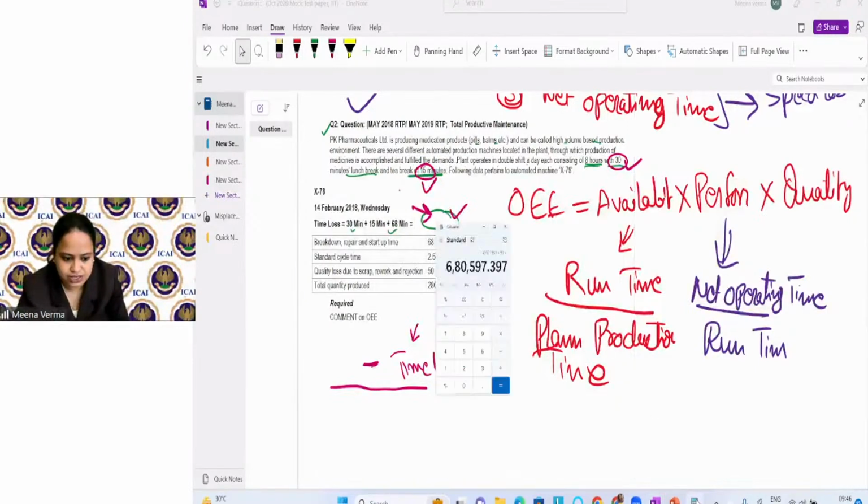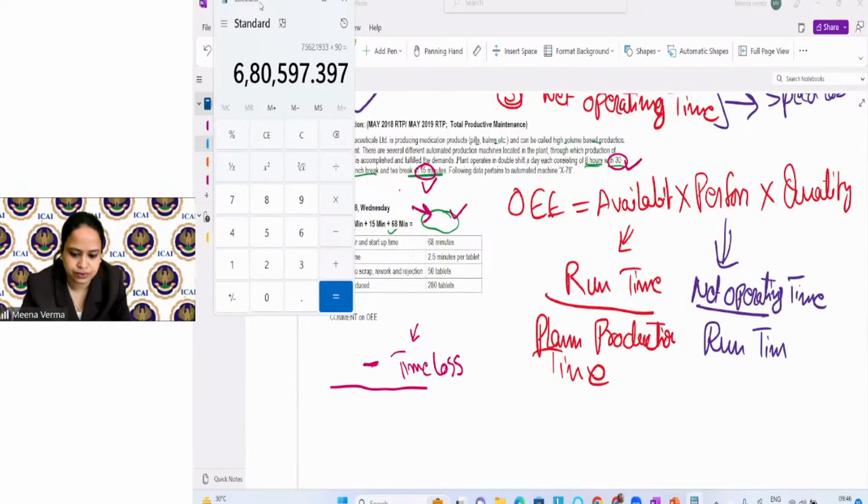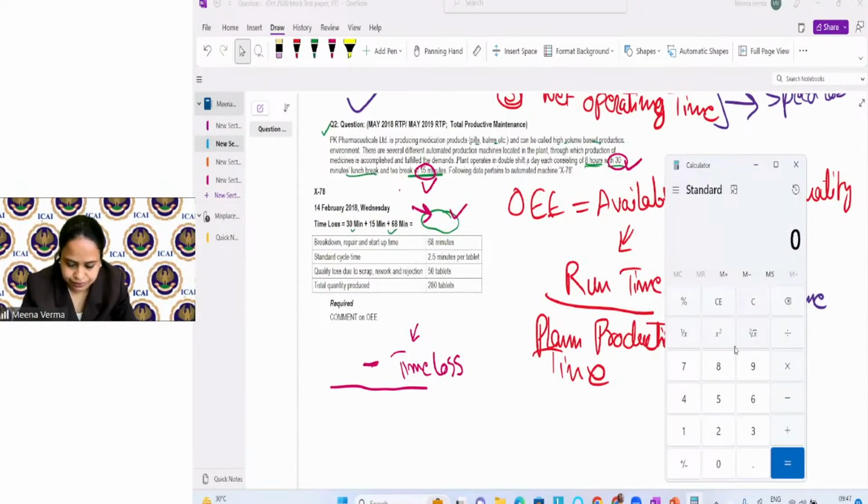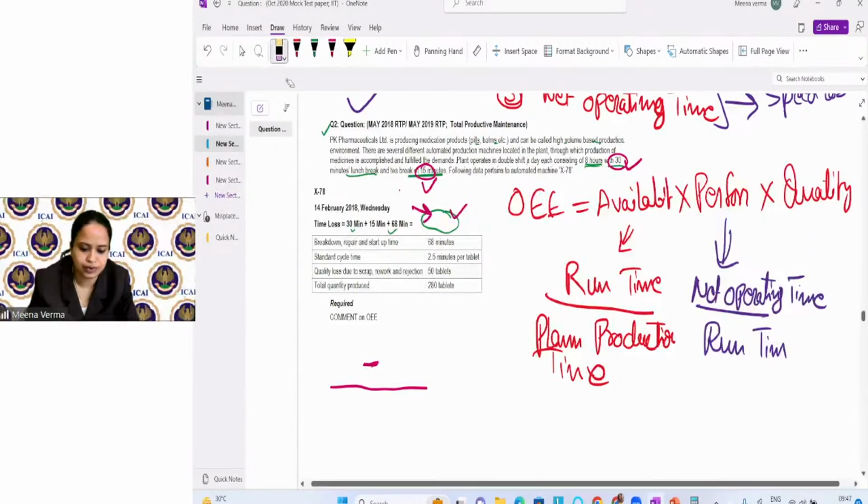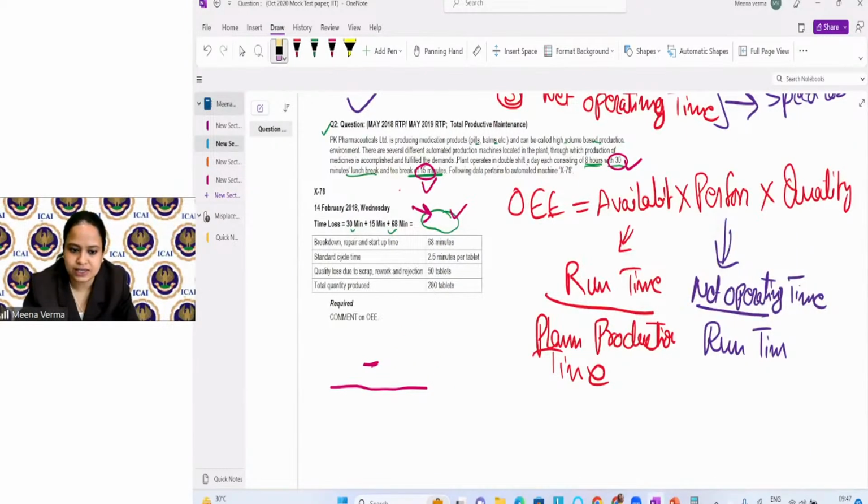Just find the sum of these values. 30 plus 15 is 45, plus 68. So this will come as 113 as the time loss. Right? You will consider this as a time loss. All right. Then you have to check the plant production time.